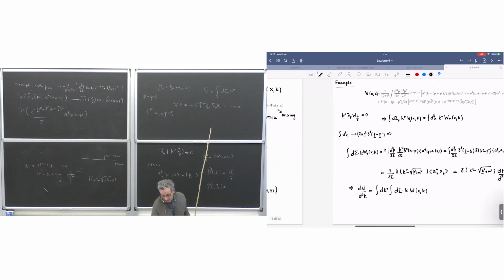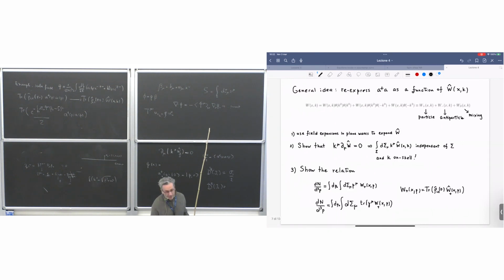This is an example of how to transform the spectrum, which is originally expressed in terms of the expectation value of creation and annihilation operators, with the Wigner function. And you can do this for spin 1/2 as well. Maybe this will be shown, perhaps we have to agree, in this afternoon's tutorial session.